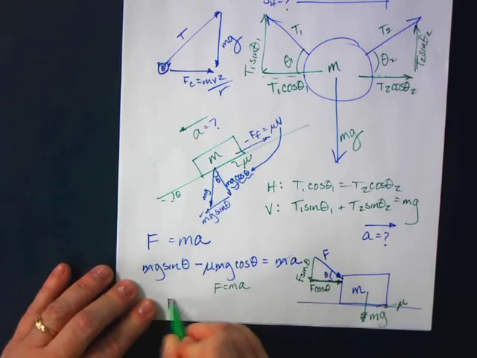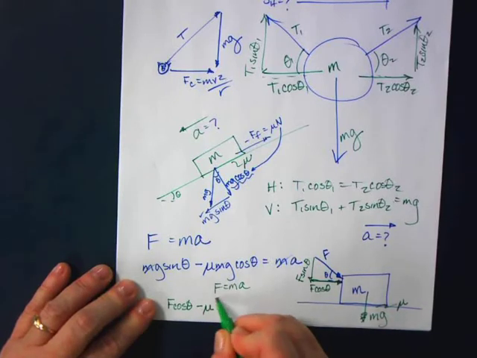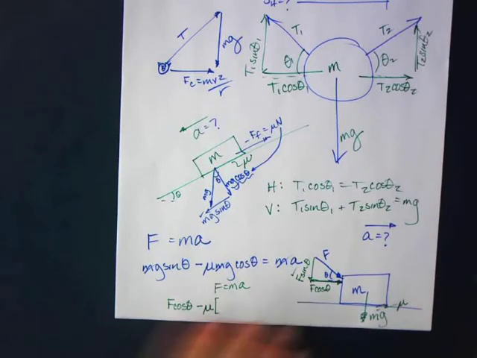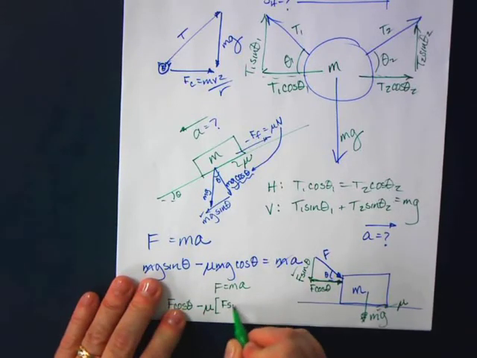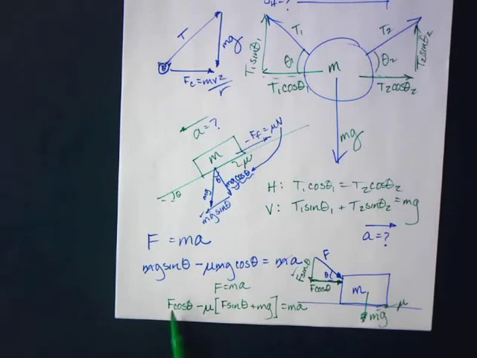So again, F equals ma, then F cosine theta is the force that makes it go, minus mu times the normal, that'll slow it down. And the normal force is a combination of both of these. Now, in this particular equation, you can't cancel the mass because it is not in every single algebraic expression.